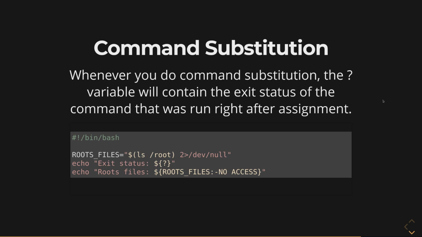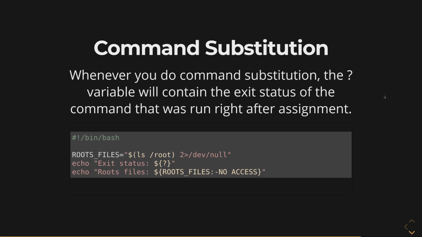We're trying to assign to root files the output of ls /root. What does ls /root do? It tries to list the files in the root user's home directory. Remember, the root user has his own home directory, which is not under /home. Root is special.